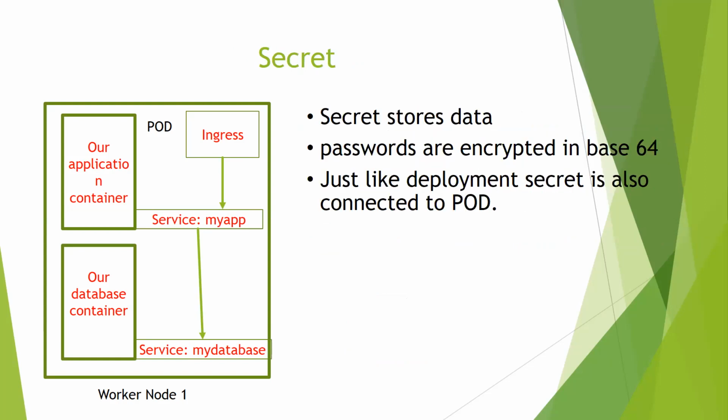So there is another module in which we define the external variables, called the secret module. And secret stores the data like your keys, like your passwords, like your database connection strings, everything in base64 encoded format.